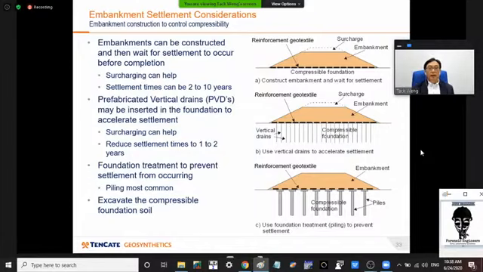And in conjunction with the use of PVDs, surcharging, that means adding more than your final embankment height of fill, can speed it up even further. This can reduce settlement times to 1 to 2 years and even down to 6 months, depending on how much surcharge and how close you install the vertical drains.